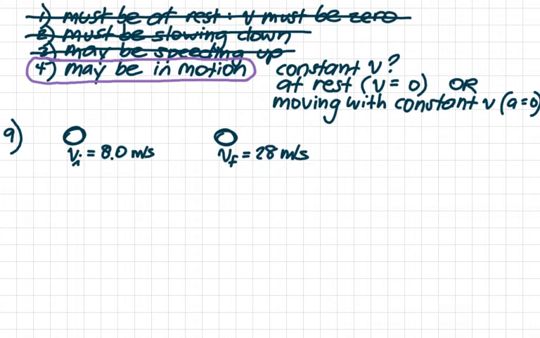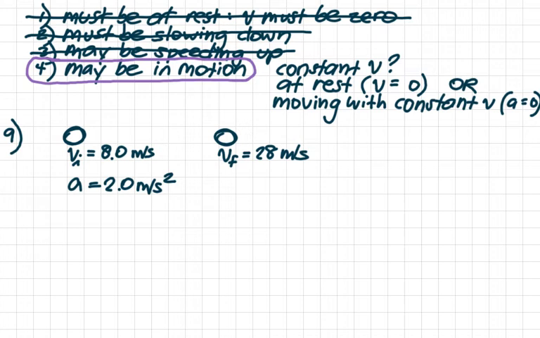I can tell that we are speeding up. We're going from 8 meters per second in the beginning to going really fast at 28 meters per second later. So it is accelerating. It tells us the acceleration is 2 meters per second squared. I know that because it says acceleration of 2 meters per second squared. Also the units, meters per second squared, go with acceleration.